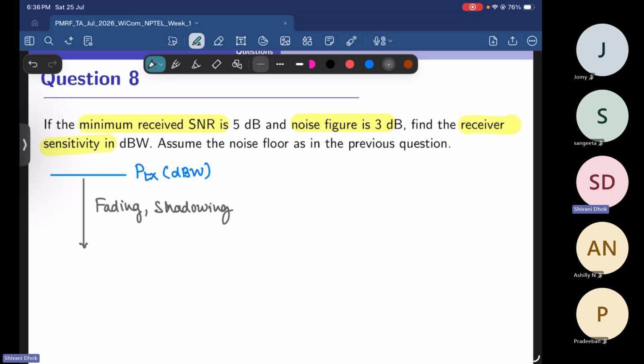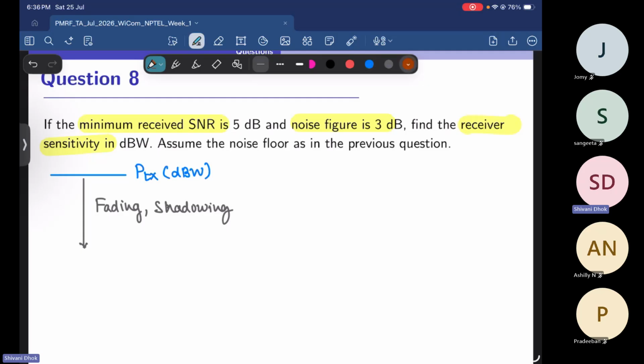So right now, assume these are some things that are going to degrade the quality of your signal at the receiver. They are going to attenuate the signal strength. Right now, just believe me in that aspect. We are going to understand fading, shadowing, and all those aspects in great detail in the coming lectures. The entire course is based on these things.